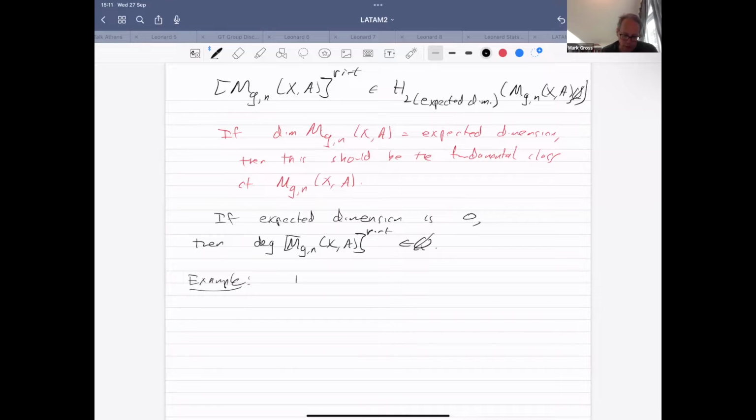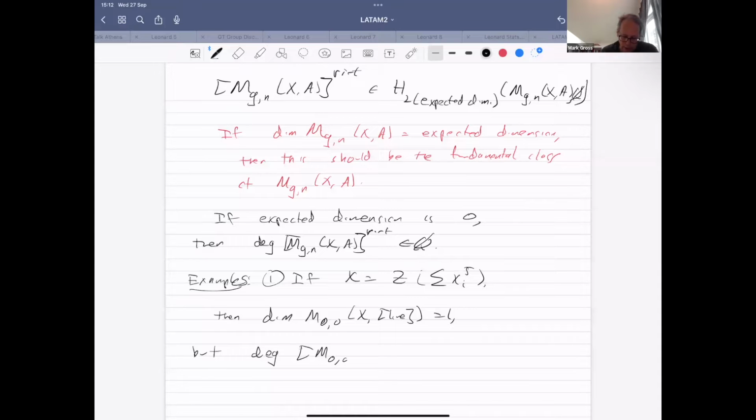So if X is the zero set of the Fermat quintic, then the dimension of M_{0,0}(X, class of a line) is equal to 1, but the expected dimension is 0, and the degree of the virtual fundamental class is equal to 2875.